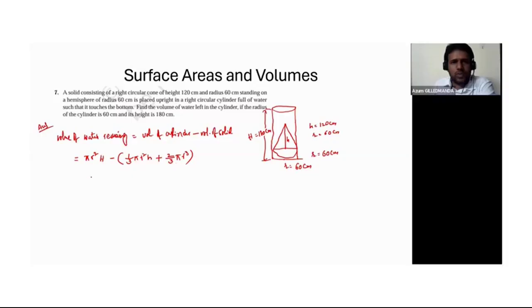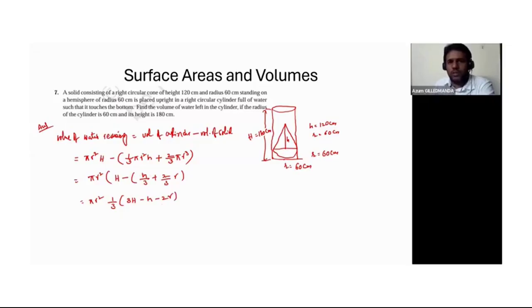Now, I can take pi r square common from all. Then this becomes capital H minus small h by 3 plus 2 by 3 r. If I take pi r square and 1 by 3 also common, this becomes 3H minus h minus 2r.